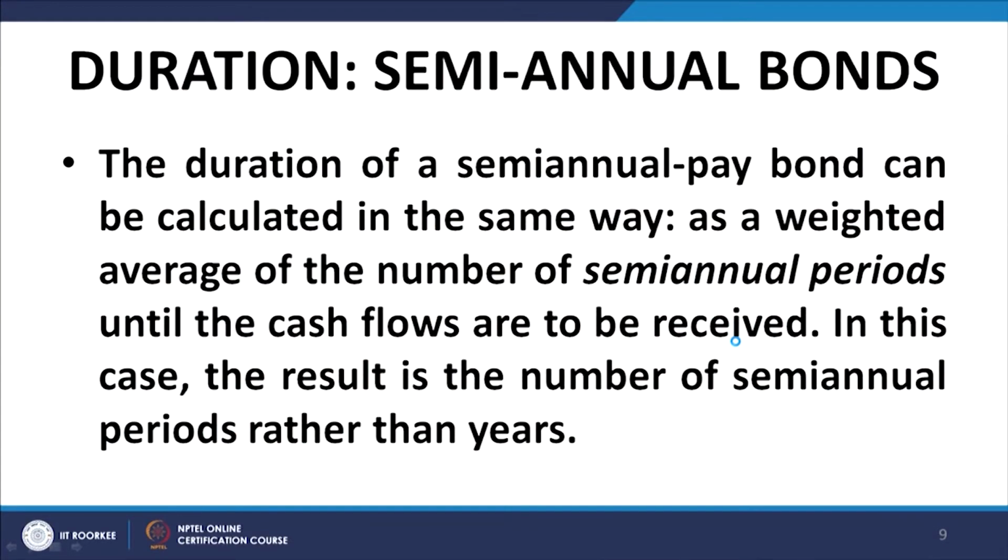For semi-annual coupons, what do we have? The duration of a semi-annual bond can be calculated in the same way as a weighted average of the number of semi-annual periods until the cash flows are to be received.